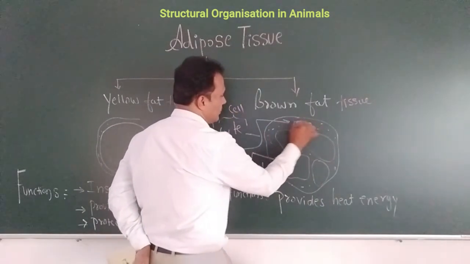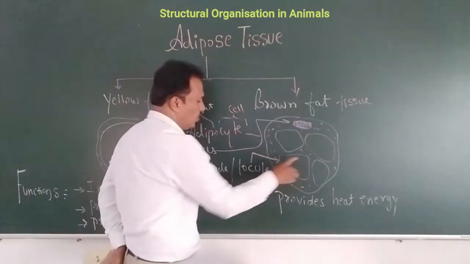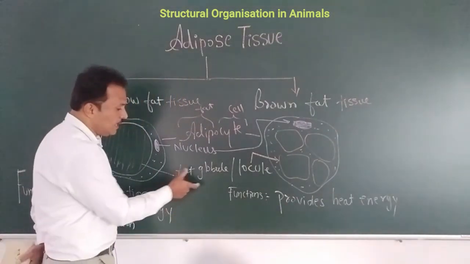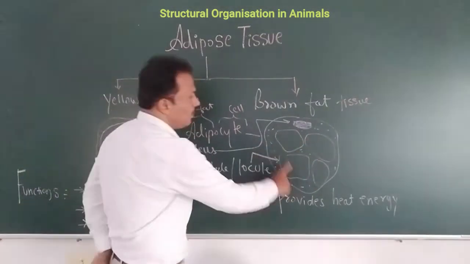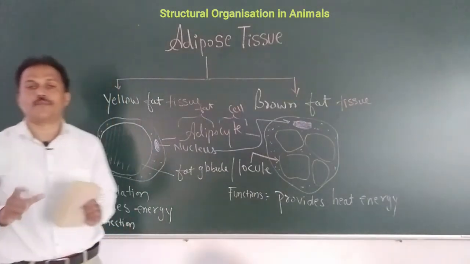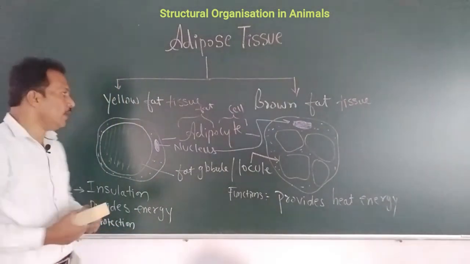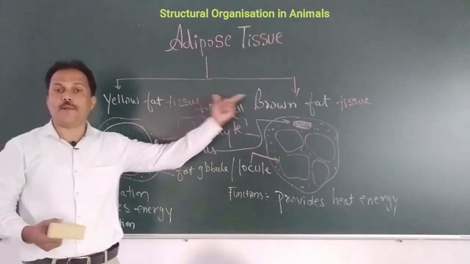This is the nucleus. But these are 1, 2, 3, 4 multilocular or multiglobular fat globules present in brown fat. So this is the difference between yellow fat tissue and brown fat tissue.